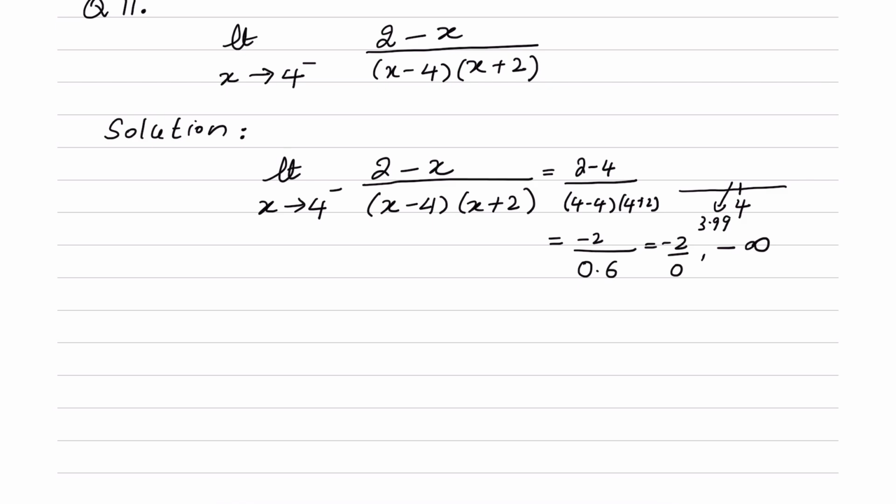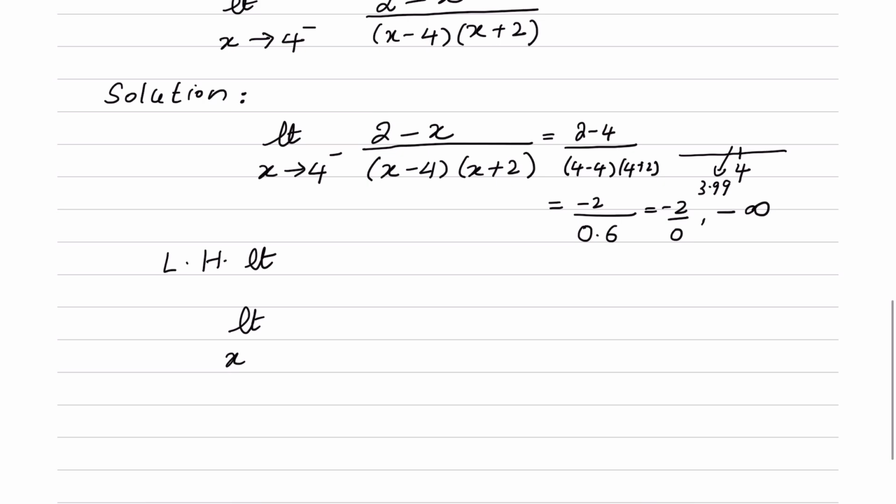So it means that we only have to find the left hand limit, when x is approaching 4 minus, for the function (2 minus x) over (x minus 4)(x plus 2).